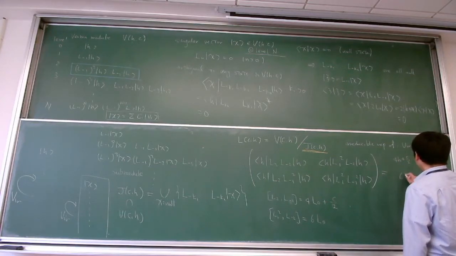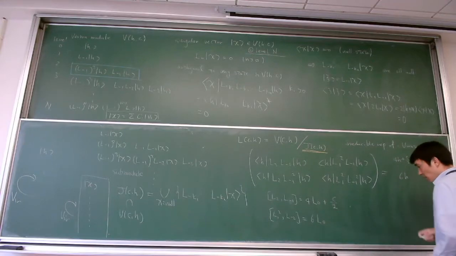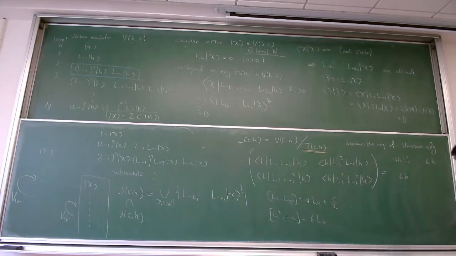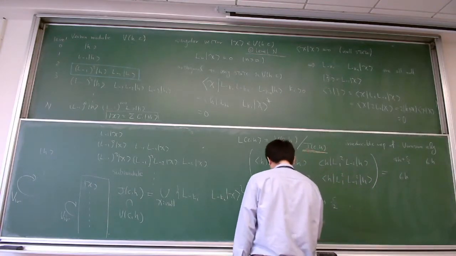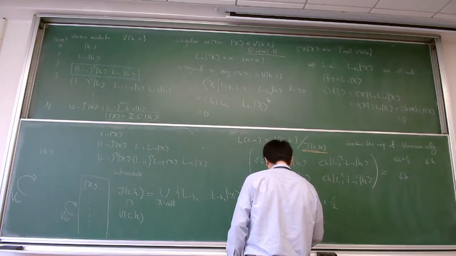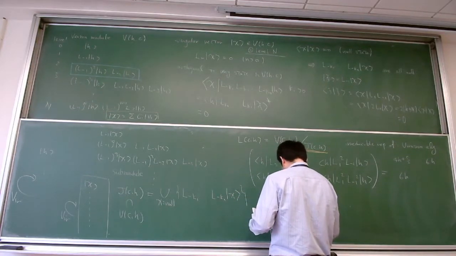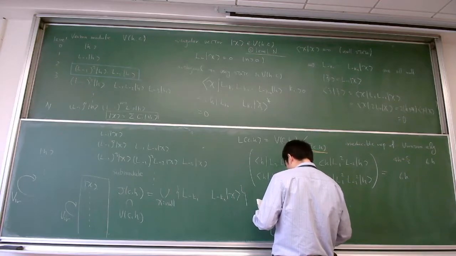This is 6H and 6H. Then we have to know the commutation relation between L1 squared and L minus 1 squared.